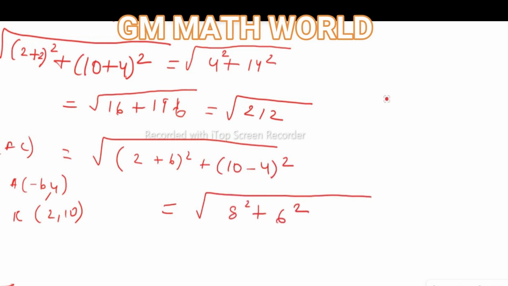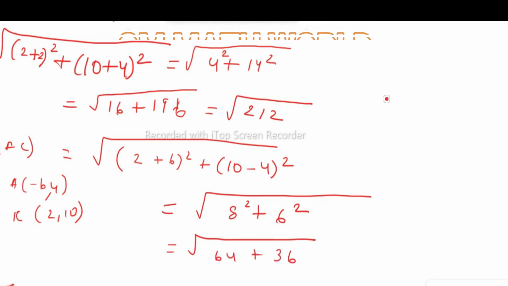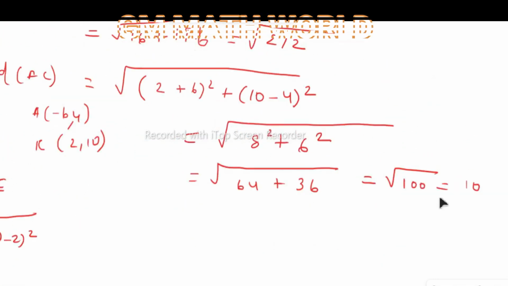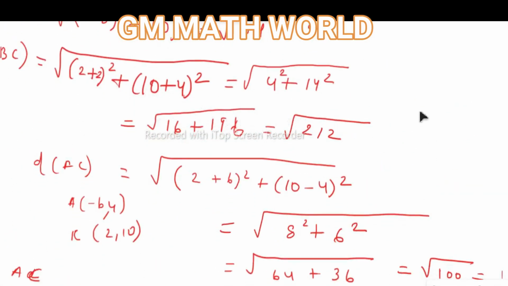Therefore, the square root of 64 plus 36 is the square root of 100, which is equal to 10, and all three sides are different. Therefore, the vertices of the given triangle do not form an isosceles triangle.